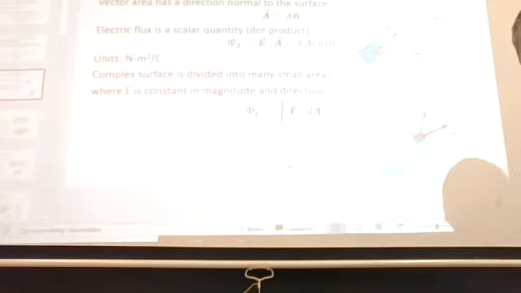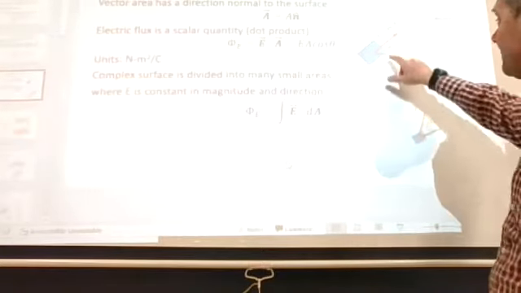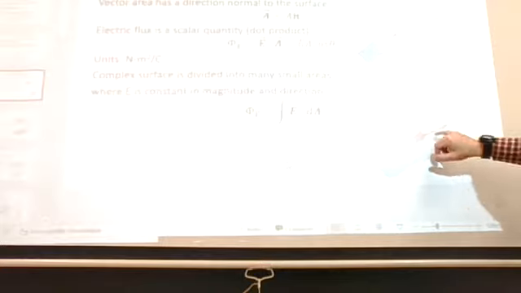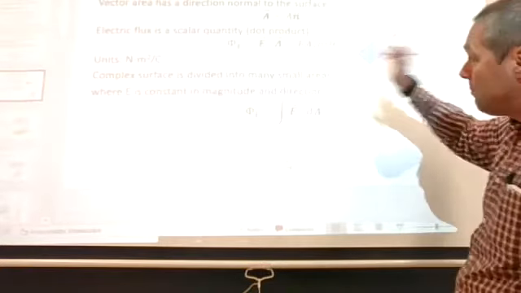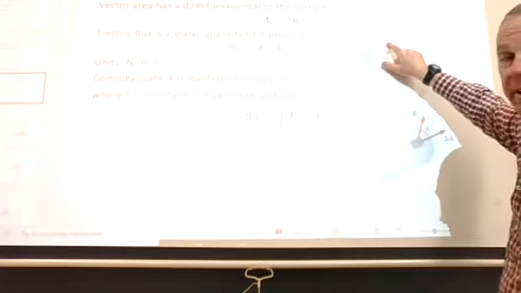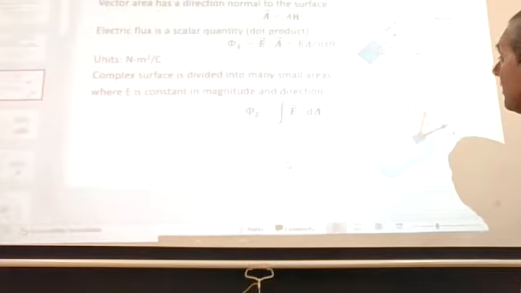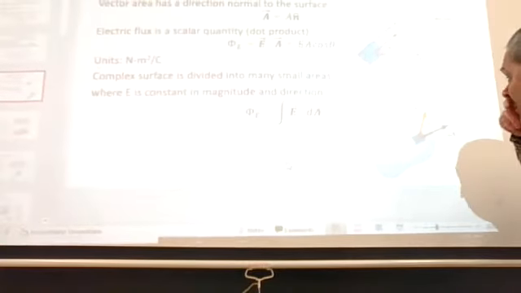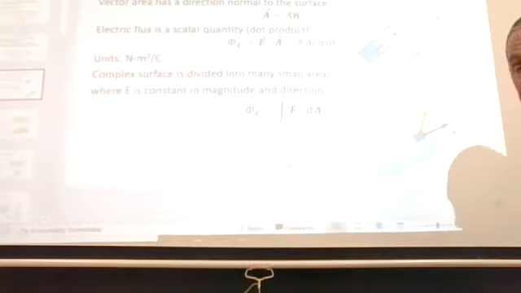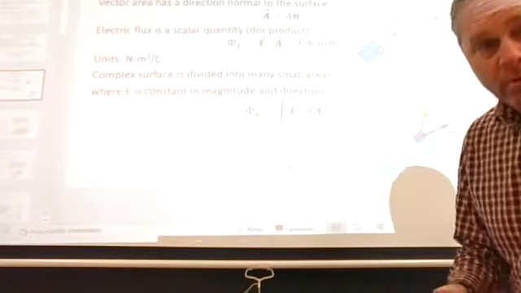Does that make sense? Now, the angle we're going to measure is the electric field relative to that surface area vector. We're going to compare that to the surface area normal.